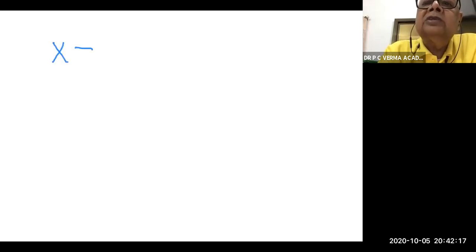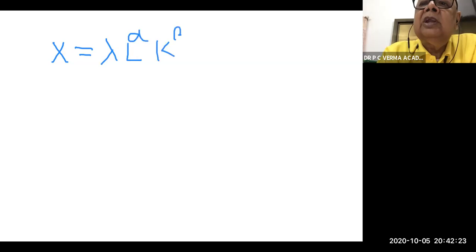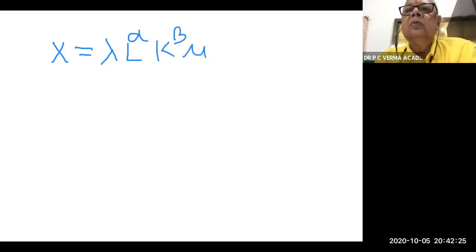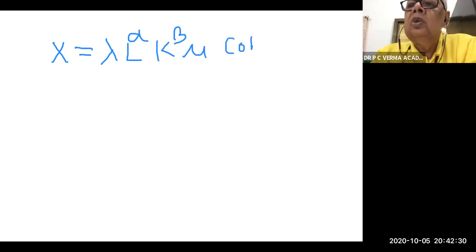We have X is equal to lambda L alpha K beta mu. This is the Cobb-Douglas production function.